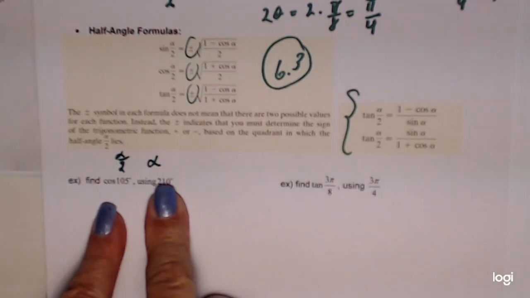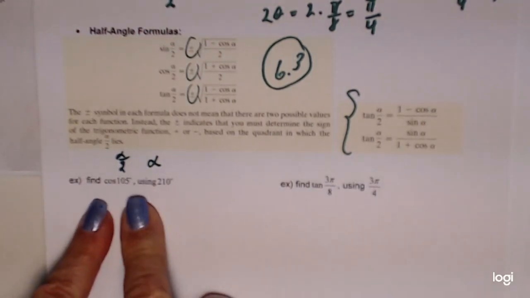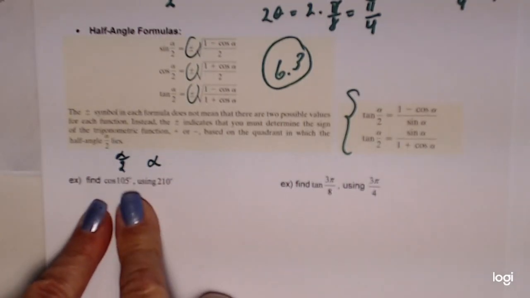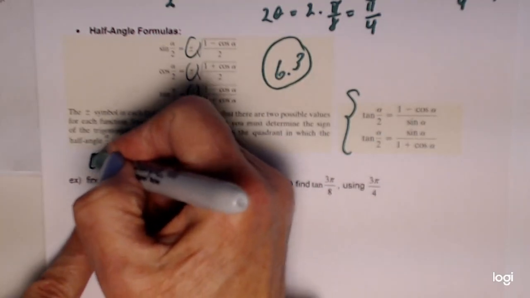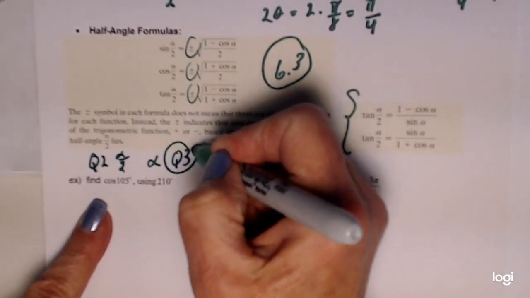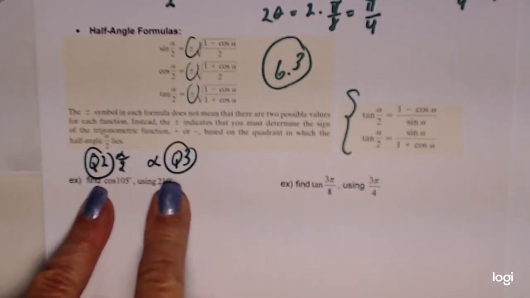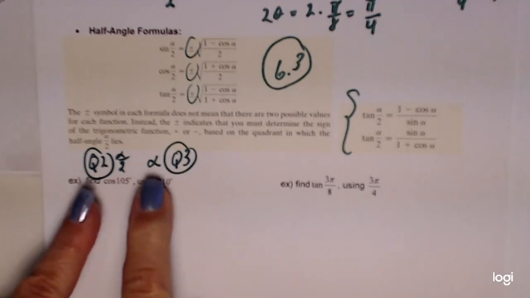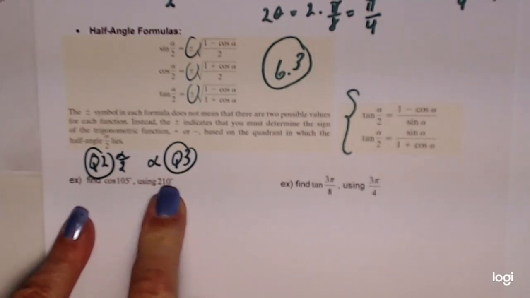So now, while we're here, let's consider the quadrants we're in regarding our signs. 105 degrees is in Q2, and 210 is in Q3. So we will most definitely be needing that information to determine our sign.